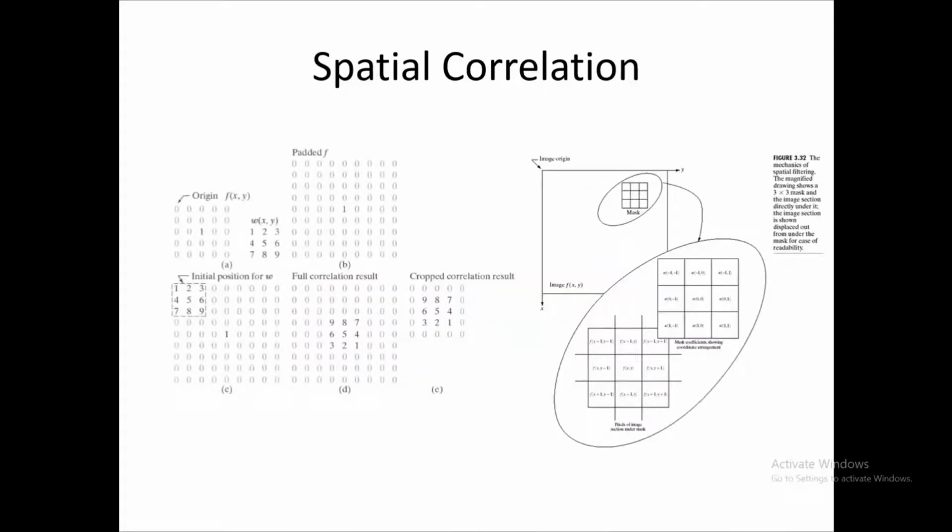We can see here an example where we have an image with the center pixel at 1, and we have a filter mask. Before we perform any filtering operation, we pad zeros.